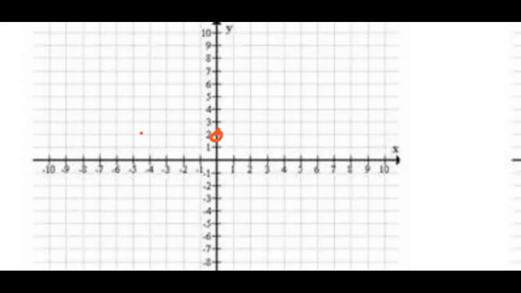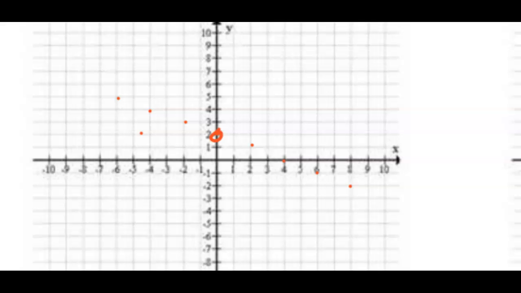It's just weird, it's better on the computer than it is on the board. Or we can go up 1 over 2. And then once we have enough points, we can connect or close our graph.